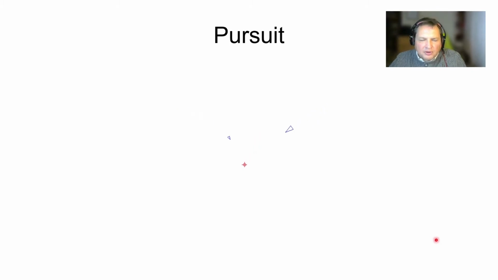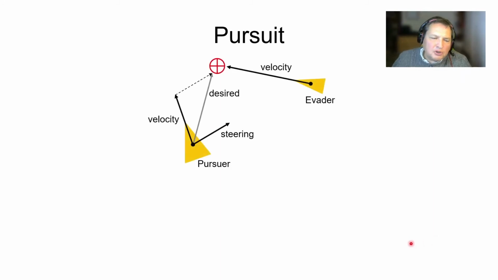Pursuit is another enhanced version of the Seek behavior. This time, the target point of an agent, called here pursuer, is located in front of the other agent, called evader, and exactly in its anticipated future position, so that the pursuer, instead of heading towards the evader, tries to forestall or anticipate its future position and go directly to this expected position.